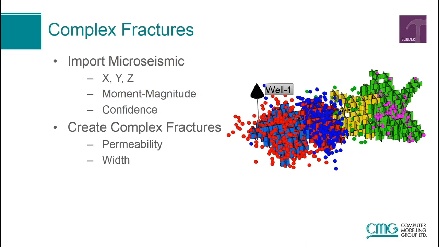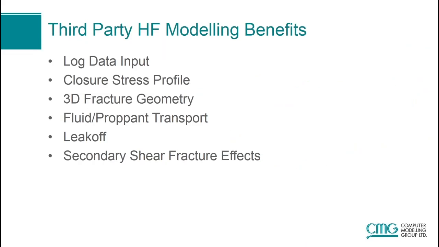So what do tools such as these have to offer? Well, here's a small snapshot of what goes on under the hood of most of these tools. You can input rock properties directly from log data.